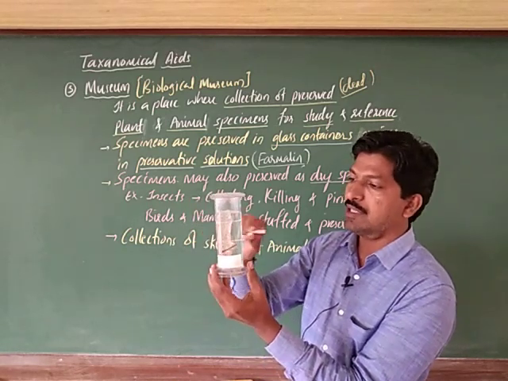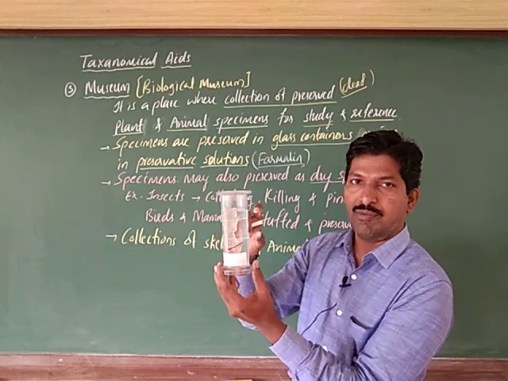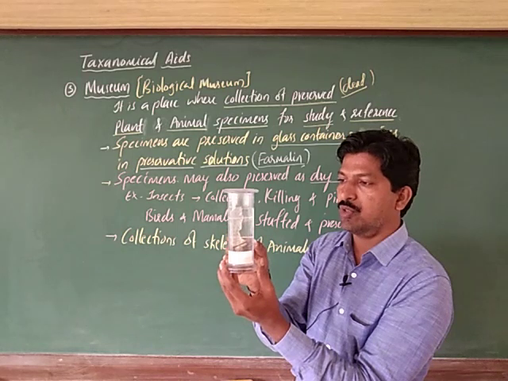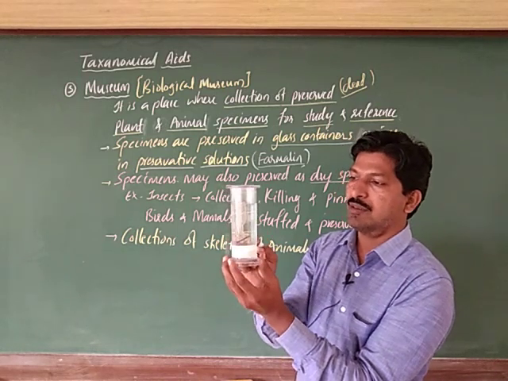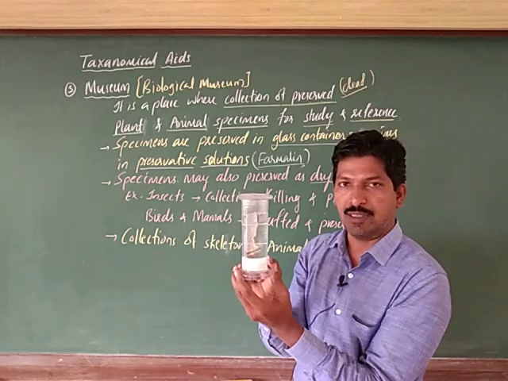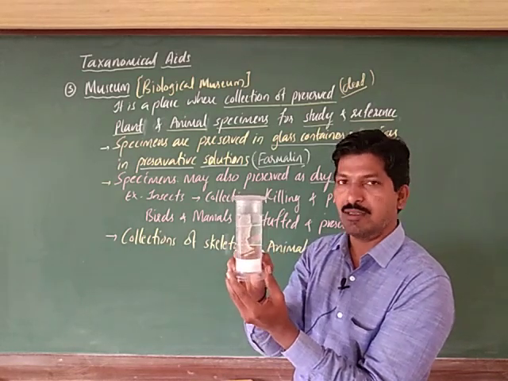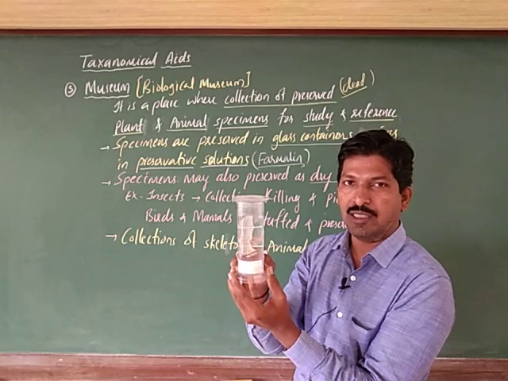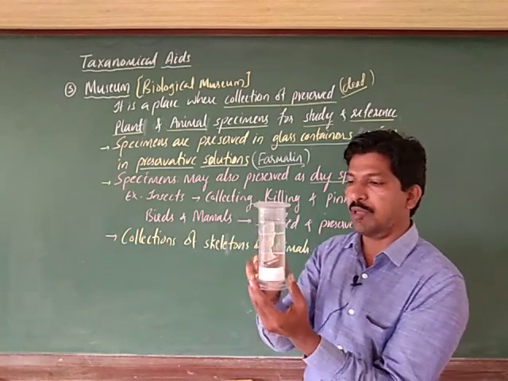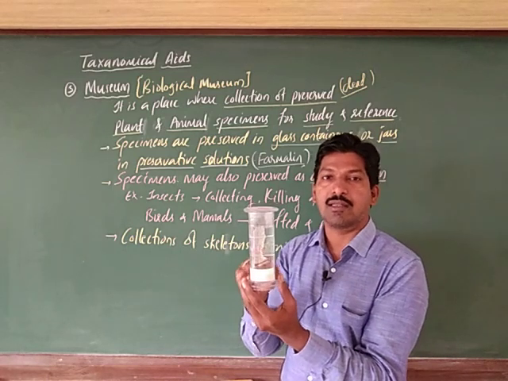Above that glass piece there is a leaf, not a complete leaf, a part of the leaf is stored here. We can observe that the leaf has become colorless. It was green when we collected it, but after some time, due to formalin, it may become colorless, decolorized.